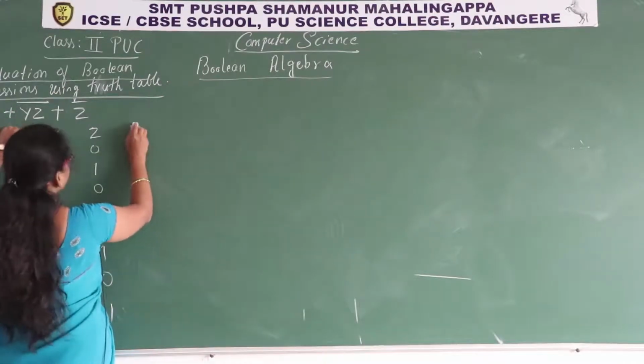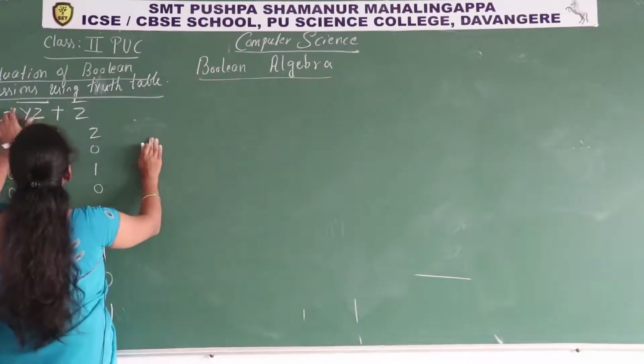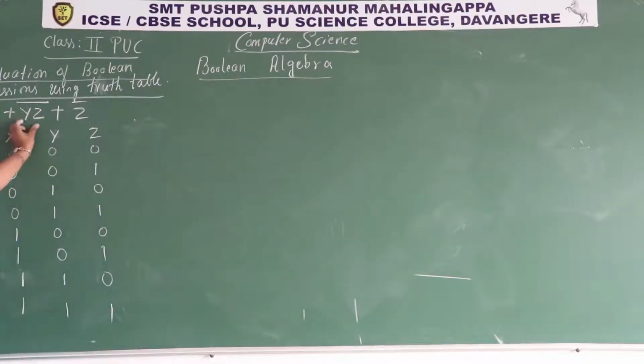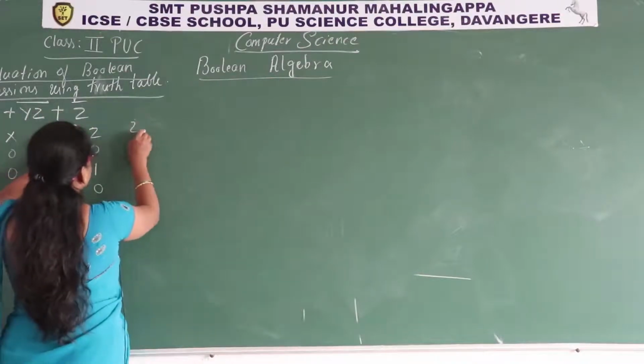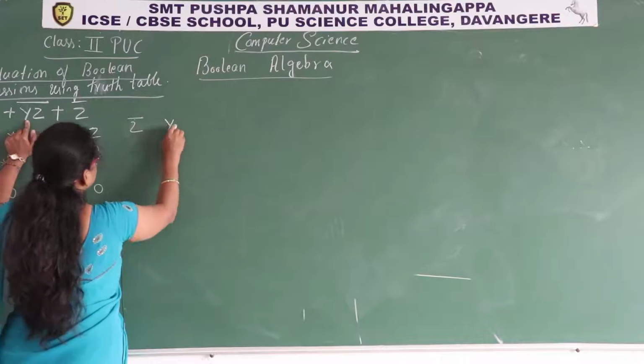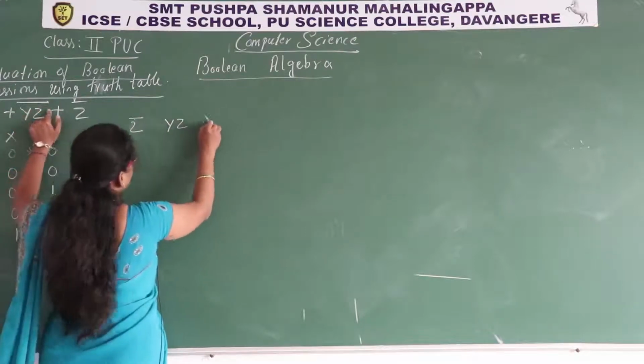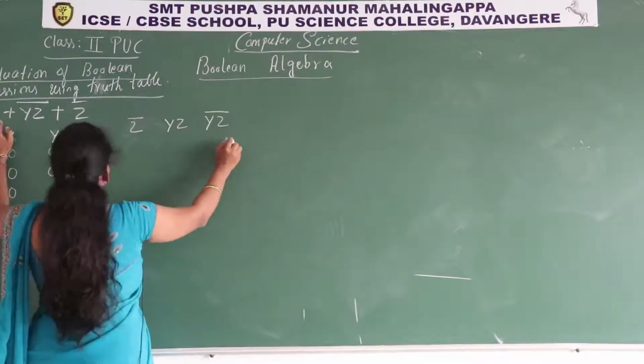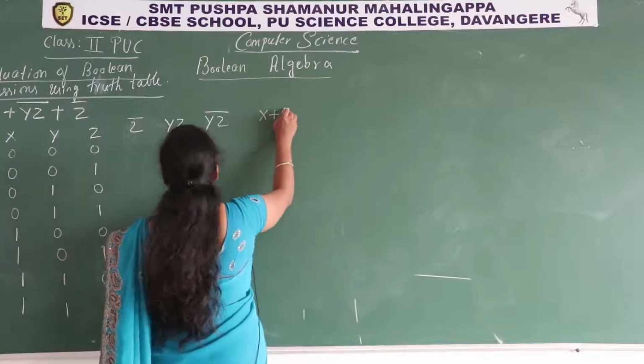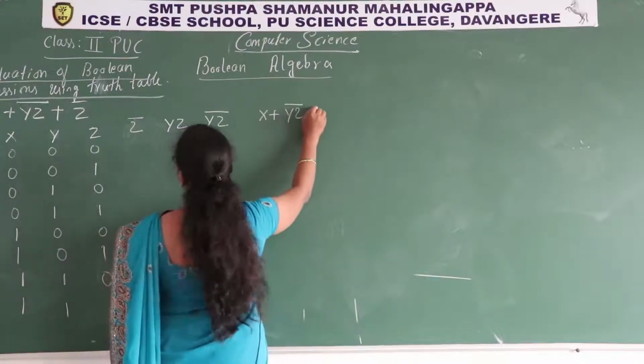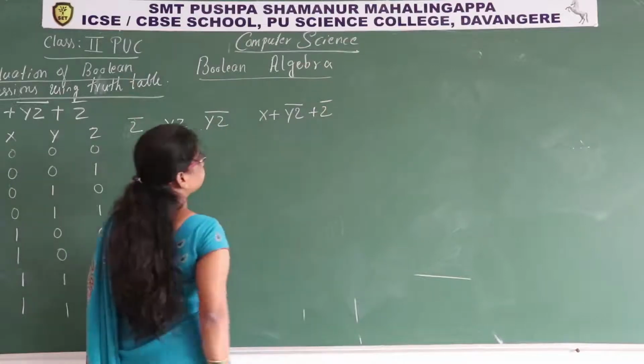First we need y, z. What are the different sub-expressions in this expression? z bar is there, so I'll write z bar. Then yz, then after that yz whole bar, then x plus yz whole bar plus z bar.